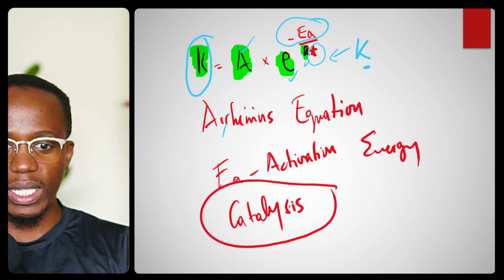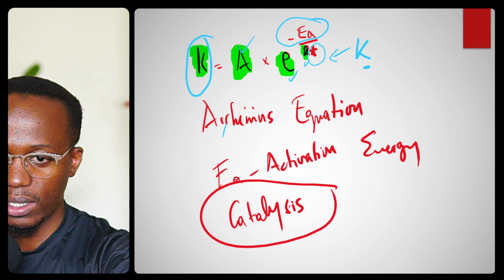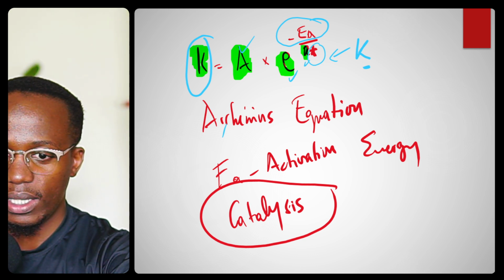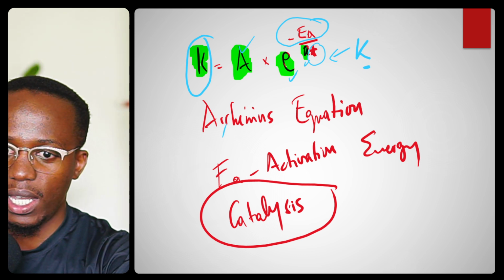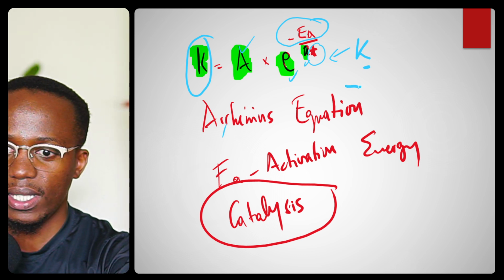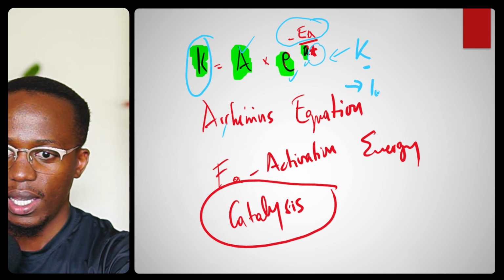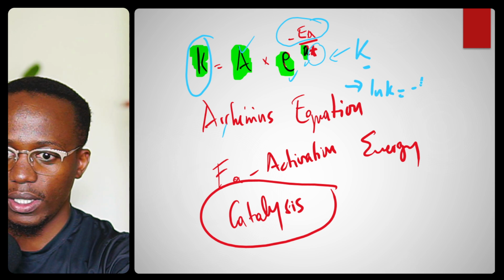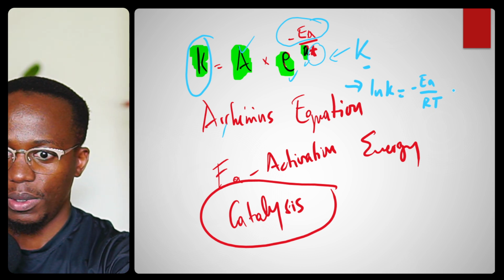We're going to make this linear, meaning we're going to make this straight. If we convert this into linear, we're going to say ln of k is equal to negative Ea over RT, plus ln of A.